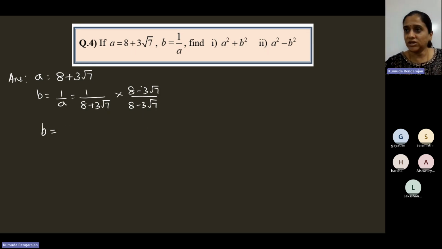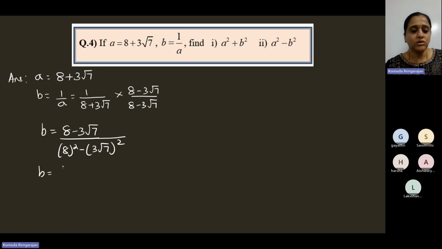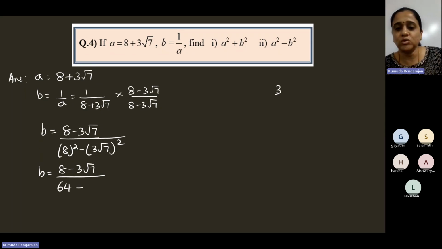One into 8 minus 3 root 7 is 8 minus 3 root 7 divided by A plus B into A minus B, A square minus B square. Correct? Then B is equal to 8 minus 3 root 7 divided by 8 square is 64 minus, what is 3 root 7 into 3 root 7? 3 threes are 9.